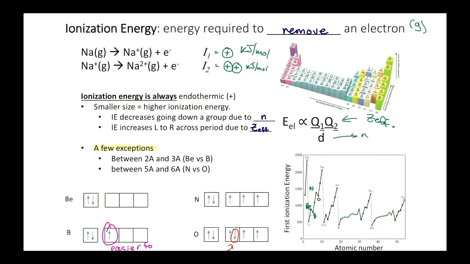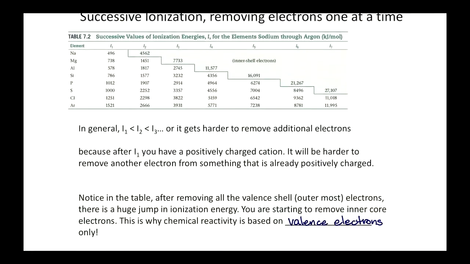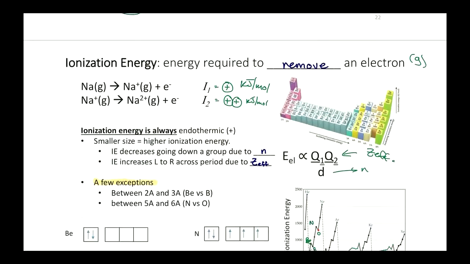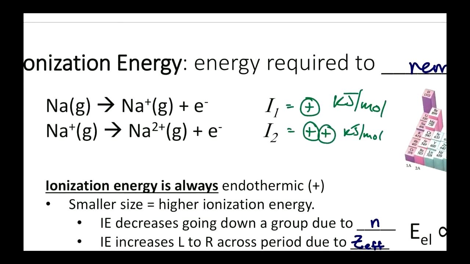Okay, so those are ionization energies. So this is the ionization energy for the first electron on sodium. Note this second reaction that I wrote. Do you think this will happen?